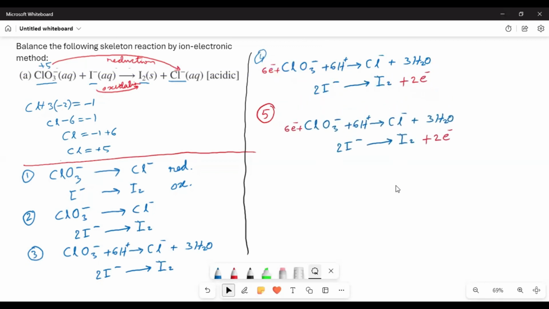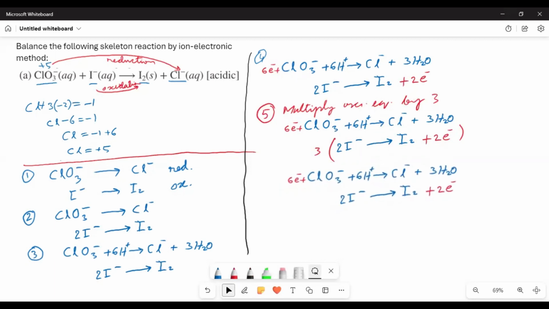See, we multiply equation number 2, that is the oxidation equation, by 3 to get the same number of electrons. As a result, see what happens.